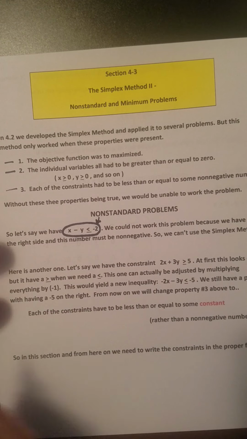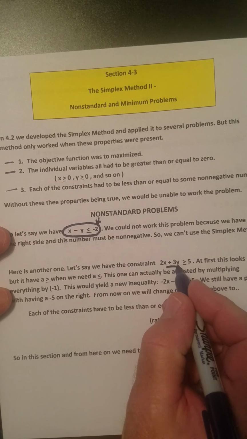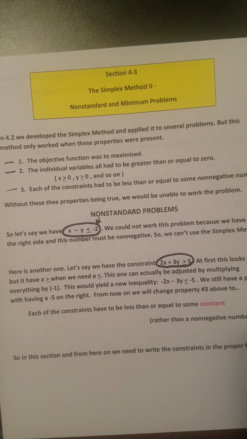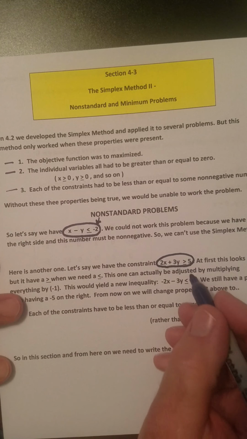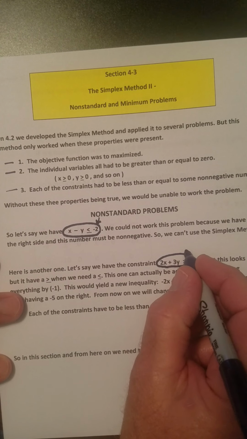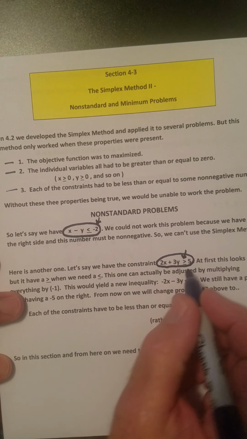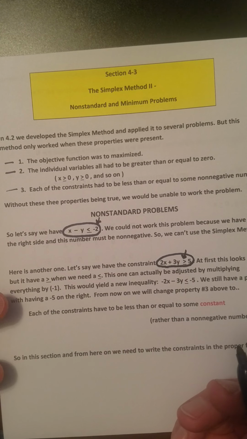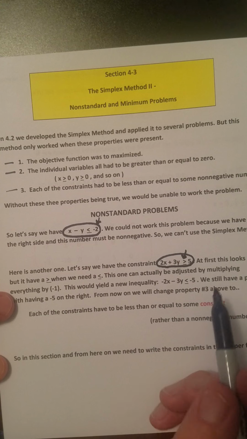Here's another example. Let's look at this one. This one says 2x plus 3y greater than or equal to 5. Anything wrong with that? If the sign were less than or equal to, we'd be okay, but the problem is that it should be less than or equal to. Now here's the trick. I can make it less than or equal to.